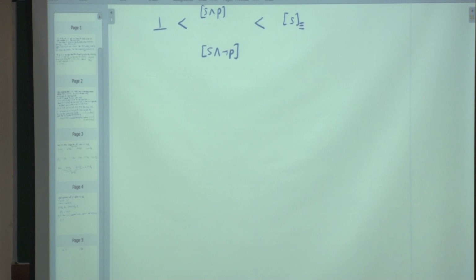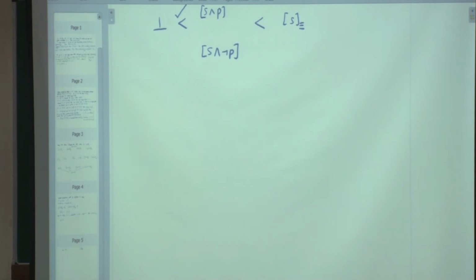Now that valuation is either going to make P true or P false. If it makes P true, then S conjunction P is true. So we have witnessed that S conjunction P is not a contradiction.